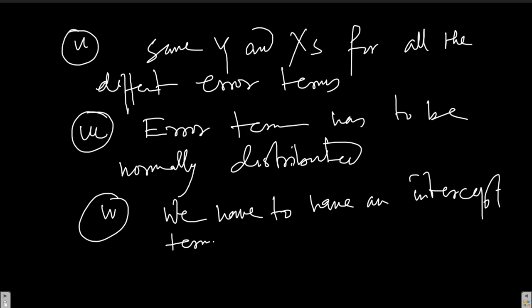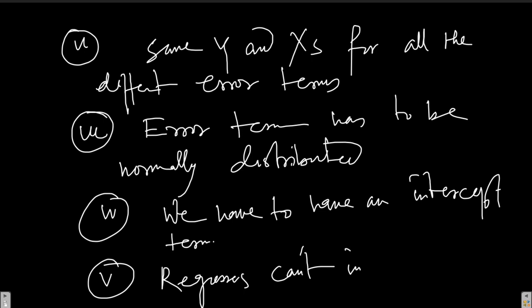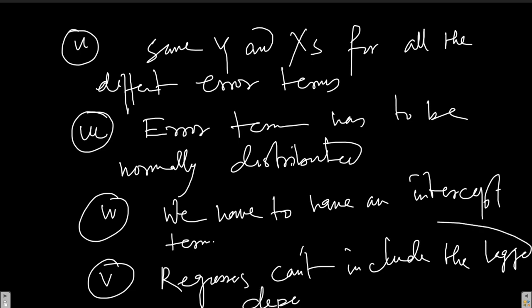Now the fifth restriction is that the lagged dependent variable cannot be in the regression equation. So the regressors cannot include the lagged dependent variable. That means it cannot have yt minus 1, yt minus 2, and so on.